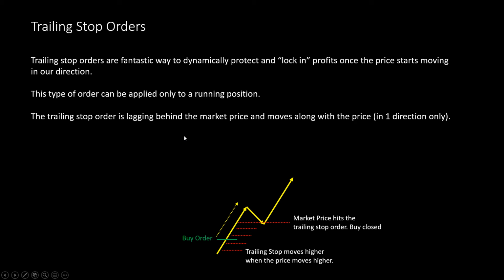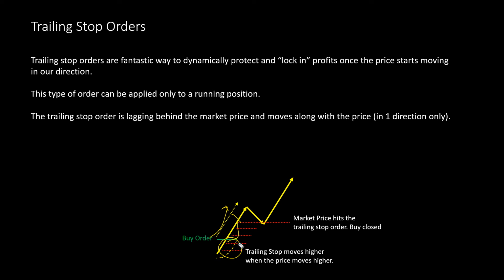A trailing stop order is lagging behind the market price and moves along with the price in one direction only. So just for the example, imagine you got a buy here, okay, and the price starts to go with you. So what the trailing order does is basically allow you to set X points to be trailed with you. So every time the market goes, let's say 30 points, your stop loss will start to follow.